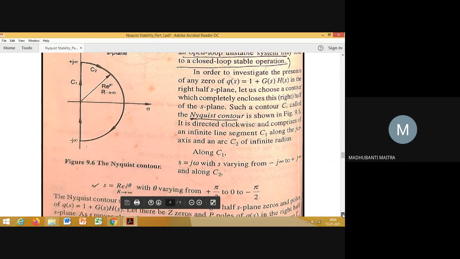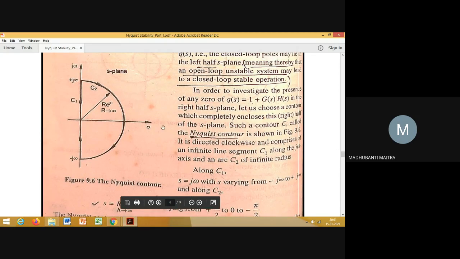At this point the value of theta is plus pi by 2, then at this point the value of theta is 0, and at this point, as we move clockwise, the value of theta is minus pi by 2. So along this semicircular arc, the radius tends to infinity and theta varies from plus pi by 2 to 0 to minus pi by 2.